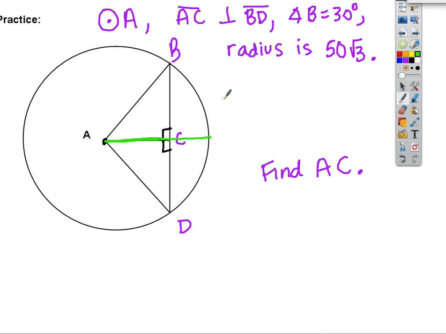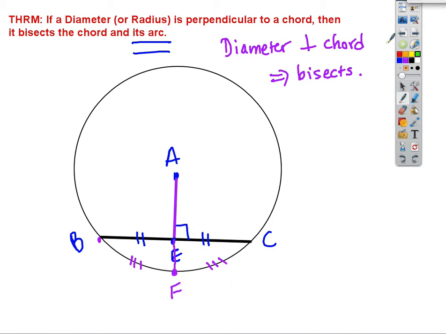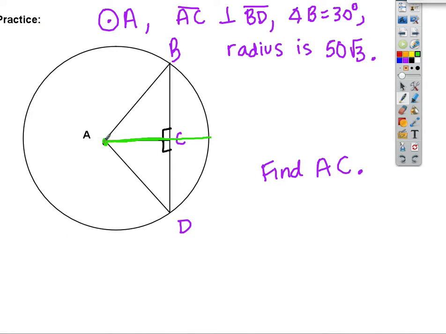Even though it's not a fully drawn radius, it has the same properties. You notice I didn't even draw this all the way down, but it was inferred that that segment was part of the radius, because it has an endpoint on the center. But I only want to find the length of AC.